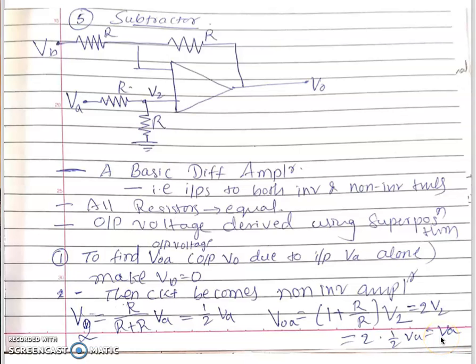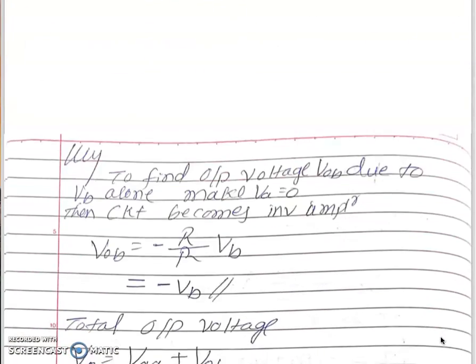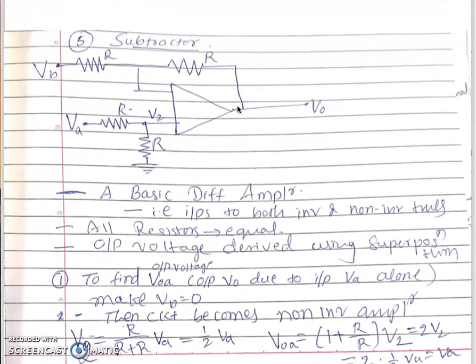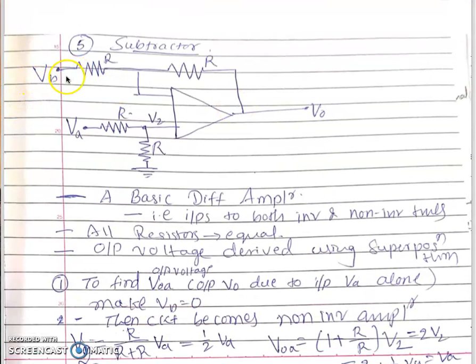So this is our half calculation. Still we have to find VOB. To find VOB, only VB is applied and VA is made equal to 0, or grounded. And at that time, the circuit appears as an inverting amplifier.